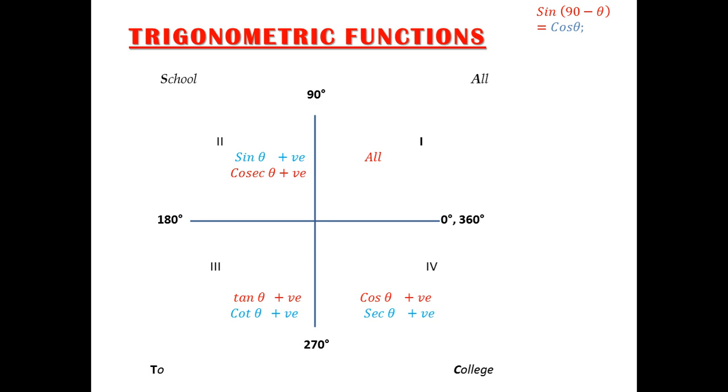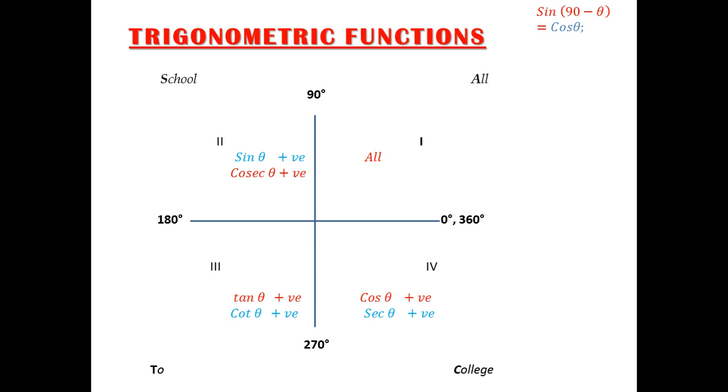Now come to our concept. Sine 90 minus theta. Now you have to see three things. First of all, concentrate on the angle 90 minus theta. 90 minus theta means you came in first quadrant. Let us suppose theta is equal to 5 degree.